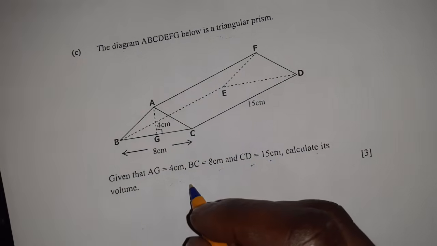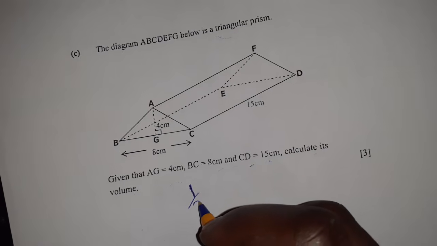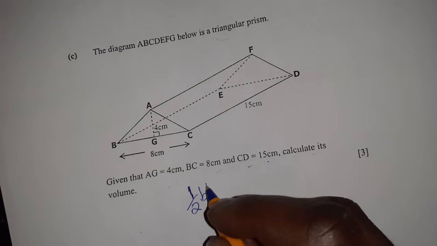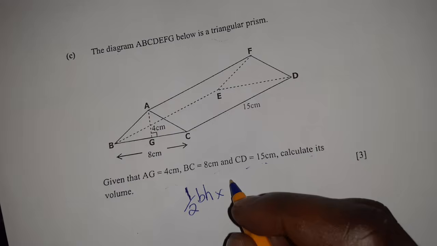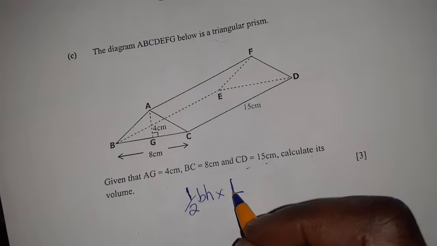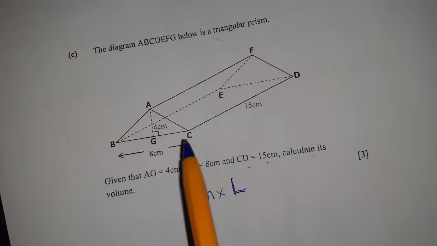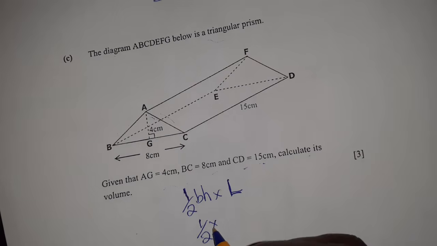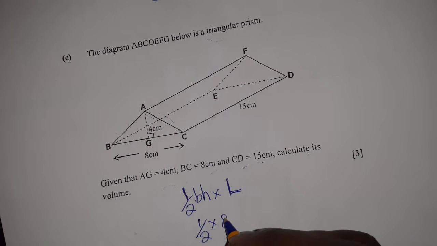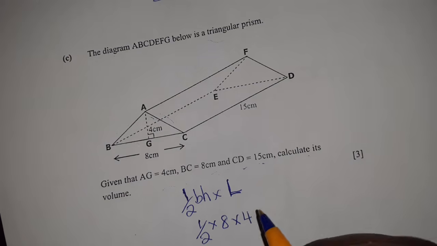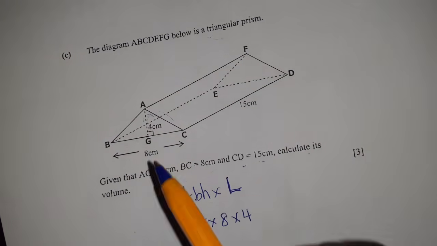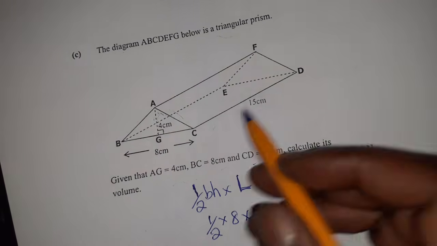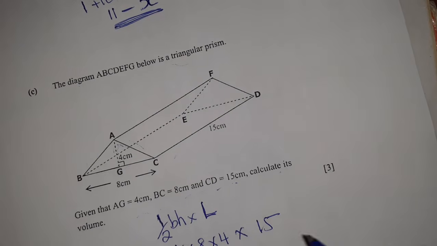So we said volume is equal to the base area of the triangle multiplied by the height, which we called length. So what is the base of this triangle? The base is 1/2 multiplied by 8, multiplied by 4, which is the height here, and then multiplied by the length, which is 15.